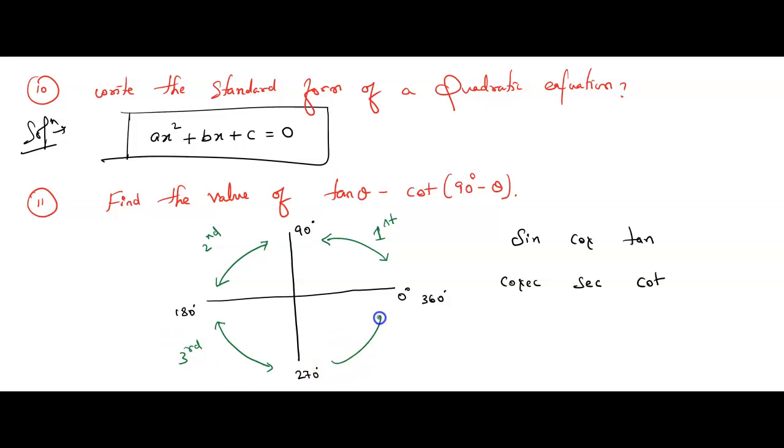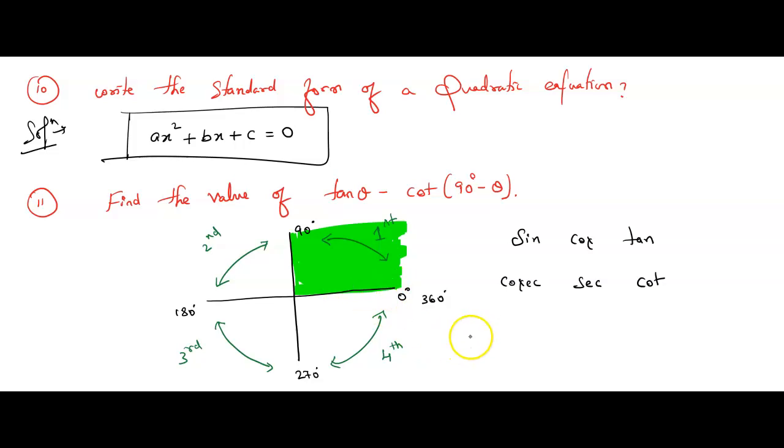Again 270 degree to 360 degree we call fourth quadrant. Is this clear? Now remember, we are solving all the problems related to the first quadrant. This is the only area we are discussing.